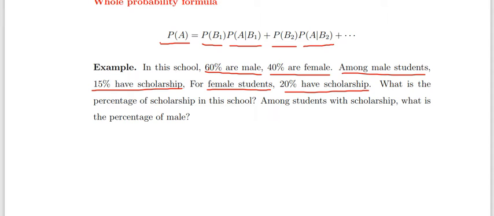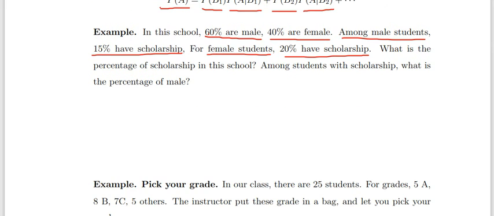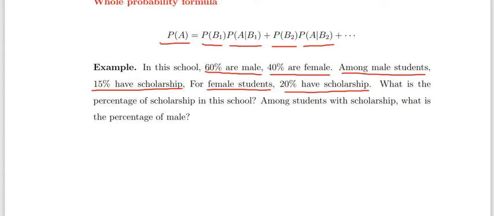Then we want to consider all people. What is the percentage for scholarship in this school? For such a problem, we can use this formula. Let's say not P(A), but the percentage for getting a scholarship.